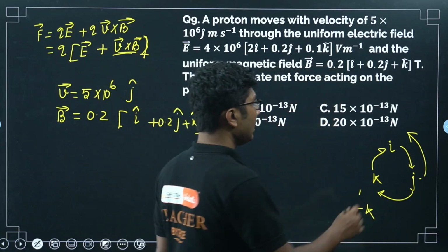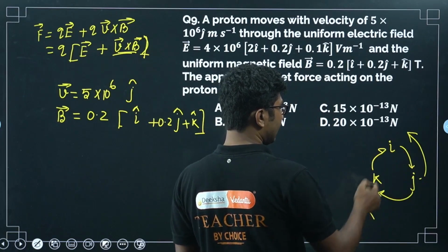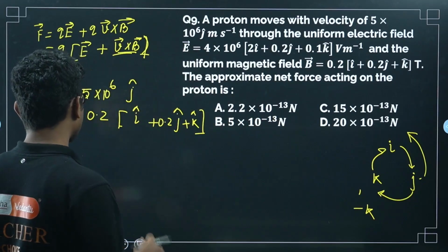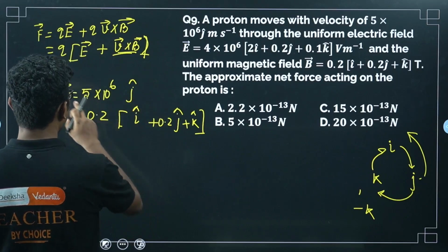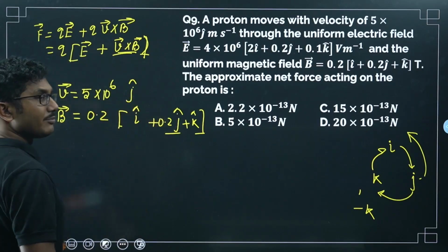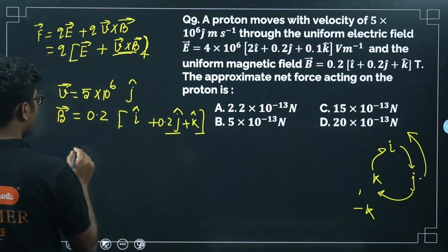Also similar multiplication becomes 0. That means if you are multiplying v and b, j cross j term will become 0.